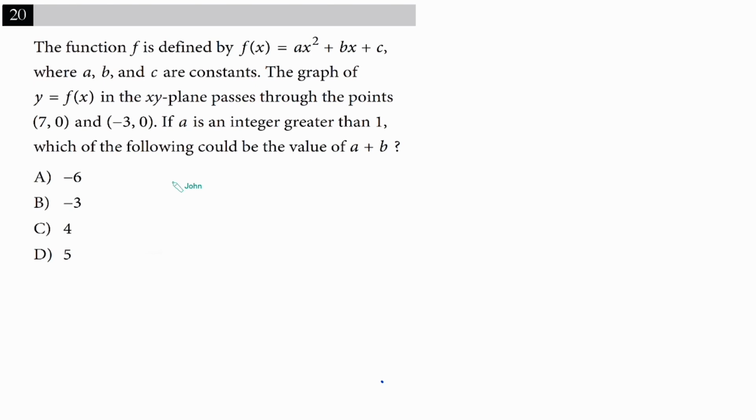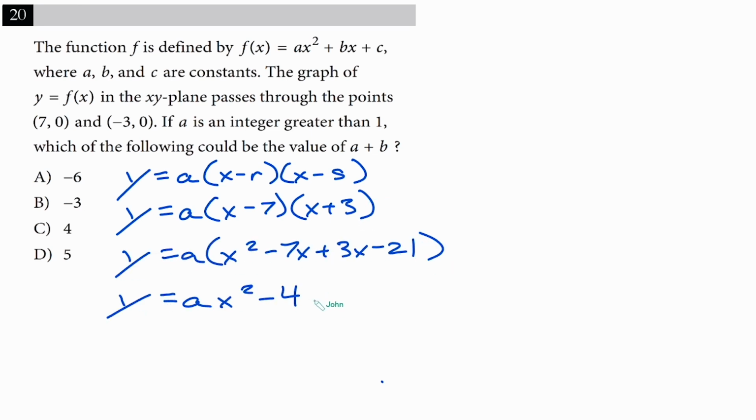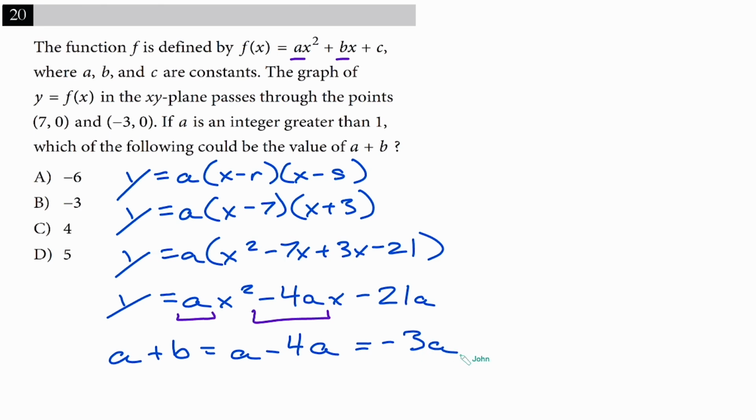So let's start by writing the equation in factored form, converting it to standard form, and then adding the first two coefficients. We start with y = a(x - 7)(x + 3). We'll expand this out and then distribute the a. We want to know the sum of these first two constants, so that's a - 4a, which simplifies to -3a.